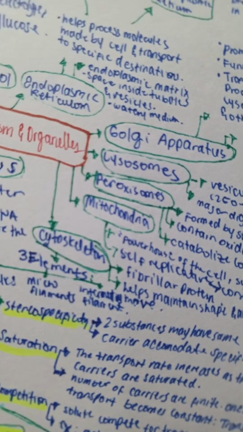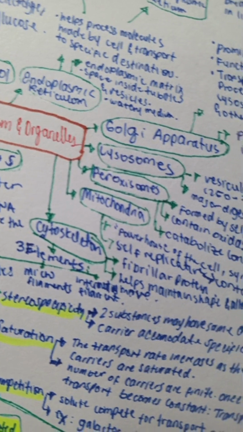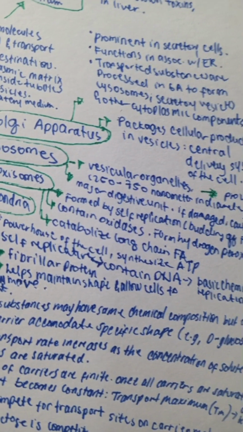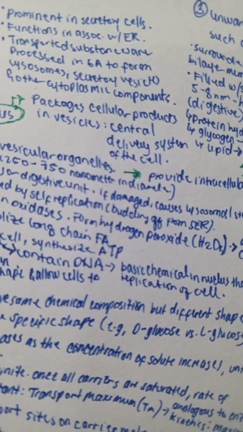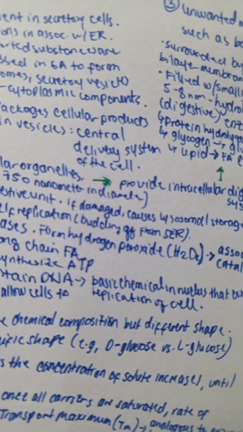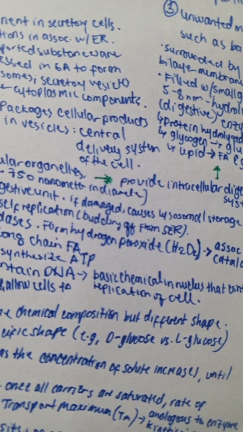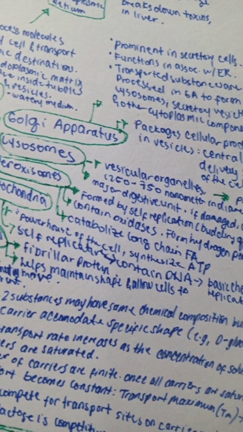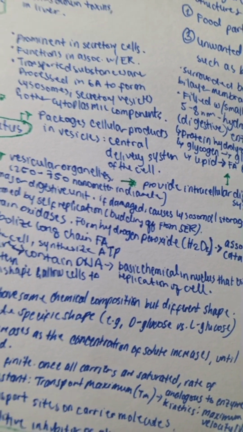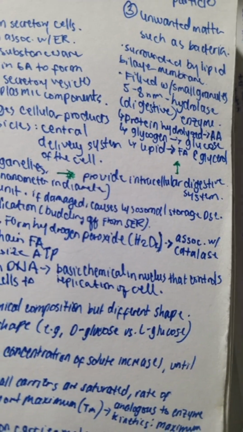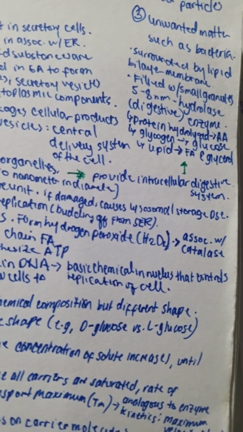Aside from lysosomes, we also have what are called peroxisomes. They are formed by self-replication, such as budding off from the smooth endoplasmic reticulum. Peroxisomes contain oxidases that form hydrogen peroxide, which is associated with catalase.